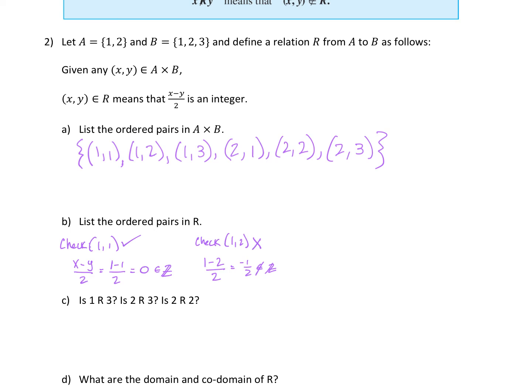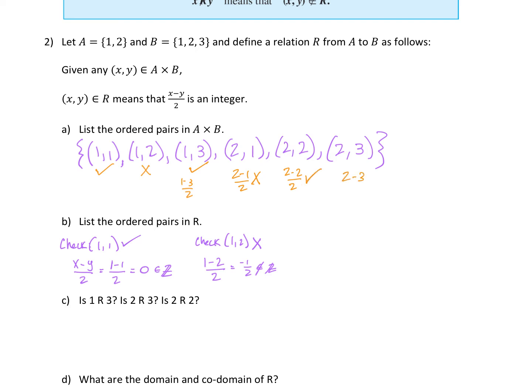So you have to check each point. Let's see. 1 minus 3 is negative 2 over 2 is negative 1. So this is an integer. So I will just check off underneath. That one was an integer. That one was not. That one's an integer. And then 2 minus 1 over 2 is a half, which is not an integer. 2 minus 2 over 2 is 0, which is an integer.